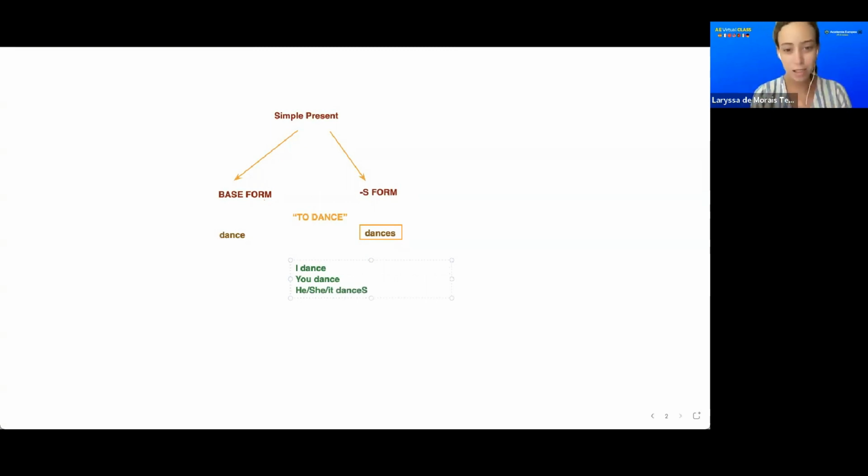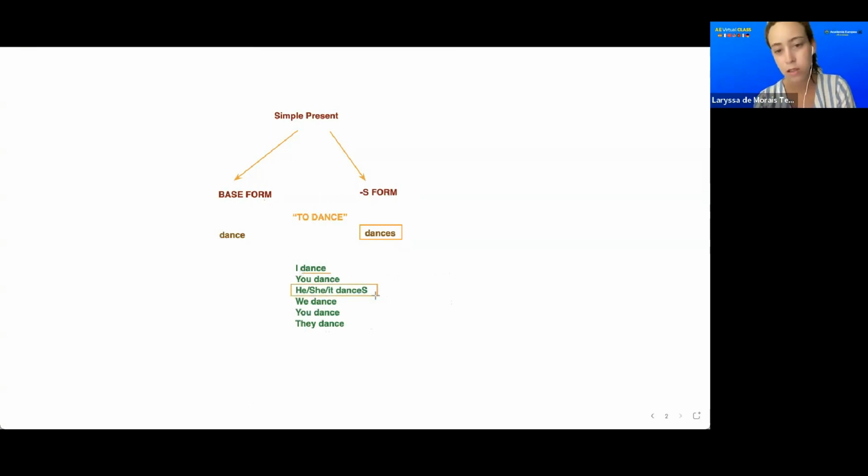So the S form. And all the others just with the base form. You, we, you, and they dance. So if you notice, all of them, we are going to use the base form, except for third person.